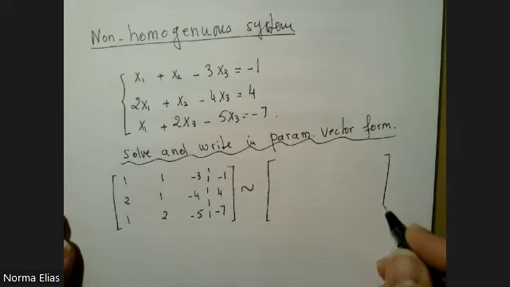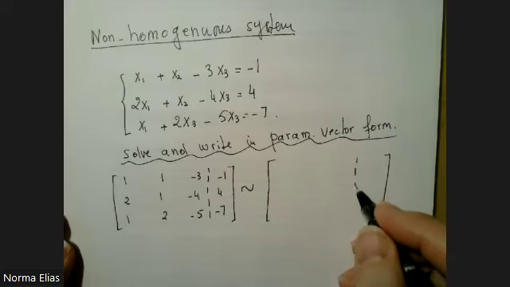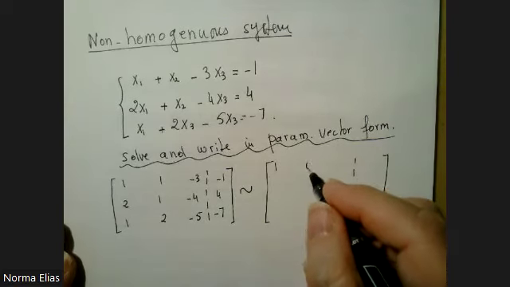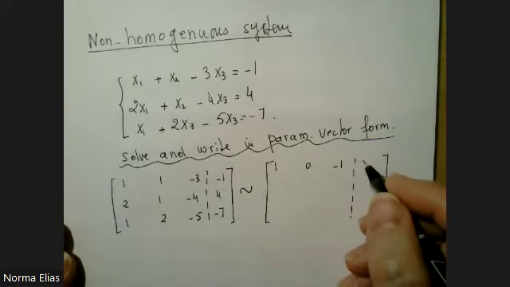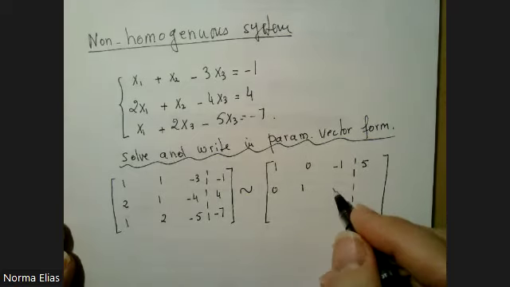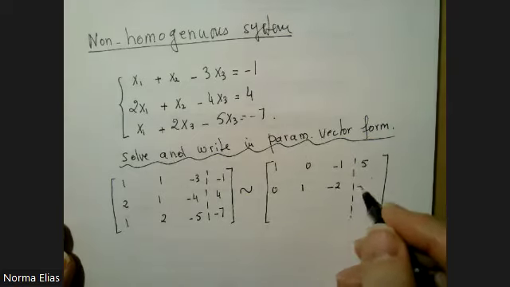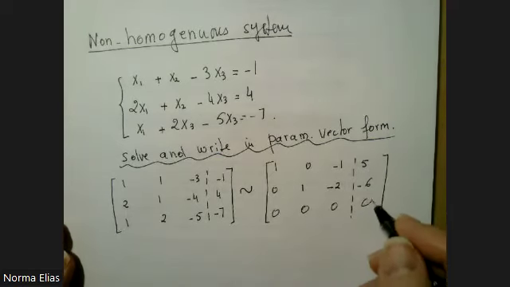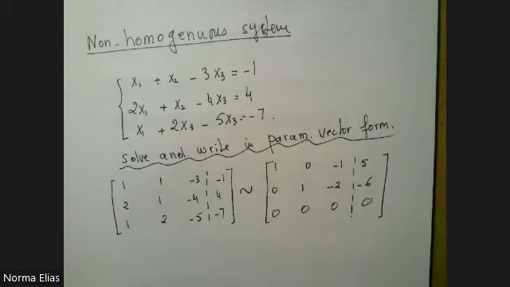We're going to reduce. And when we reduce, we get the following: 1, 0, -1, 5; 0, 1, -2, -6; and 0, 0, 0, 0. So that's the reduced echelon form, actually.